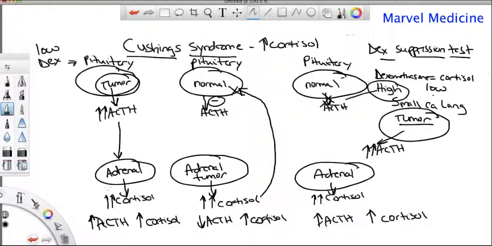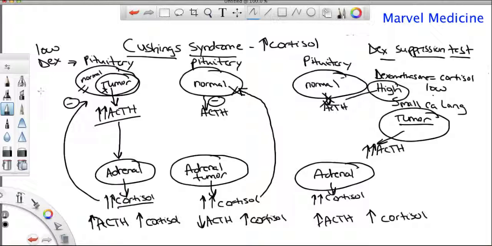Their body is so used to producing ACTH and cortisol that this cortisol going back is trying to cause some type of negative feedback, but this tumor doesn't really care. It's not the same type of cell that the normal pituitary is. Normal pituitary gland cells have the negative feedback receptors. This tumor does not have that. So cortisol is not going to do it, and this tumor doesn't care. It's going to keep on releasing ACTH.